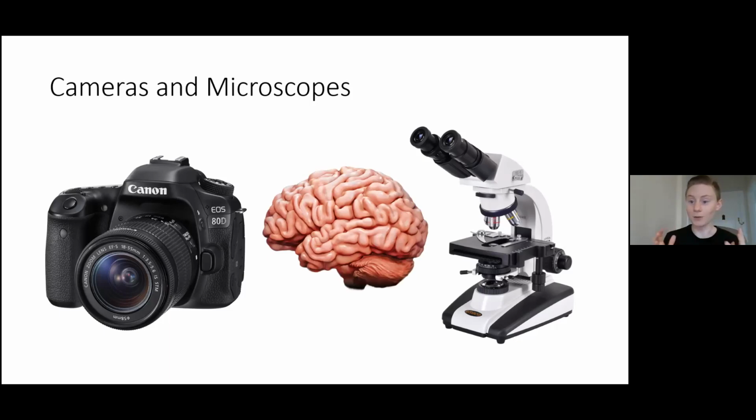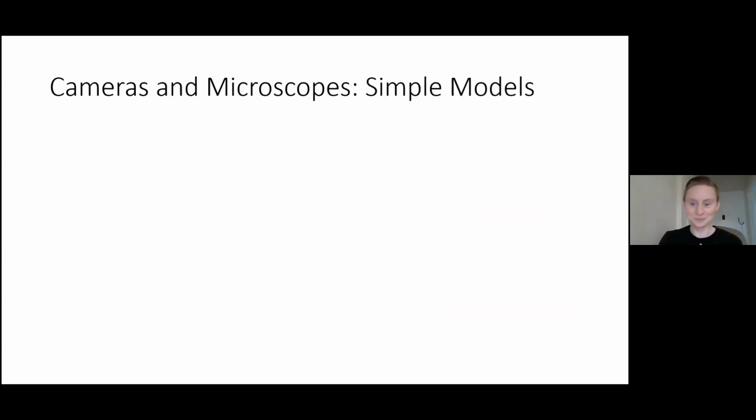Whether you're used to thinking about microscopes or cameras, you will have certain pictures that live in your head. These assumptions usually go unstated. And so most of the problem today will be pulling out and stating those assumptions explicitly so that we can actually directly compare these two methods. Okay, so how to get camera people and microscope people to talk to each other productively is really the goal of this kind of project.